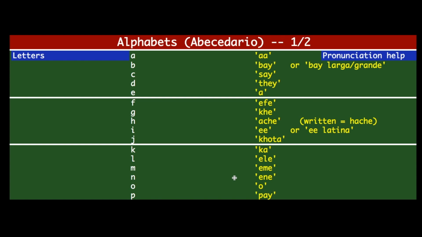Now folks, let's take a pause here and let's just try to see if there's a pattern developing here, right? For example, all the letters in Spanish which have the sound in English of L, M, N, they become L, M, N. Also, if we go back to these set of letters, the letters which have the sound in English of B, C, D, which is like E, they become B, C, D in English.